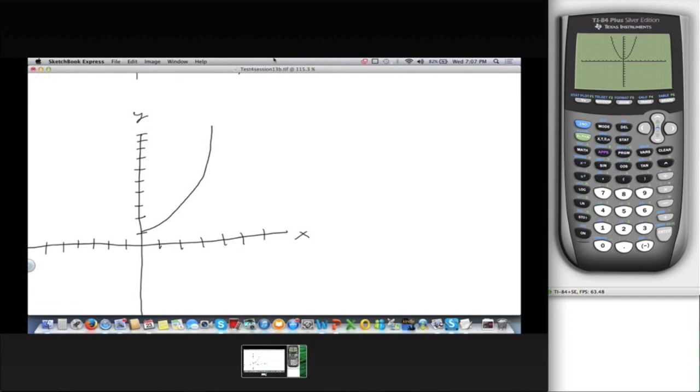x is 2, y is 5. 1, 2, 3, 4, 5. That's not anywhere near it.